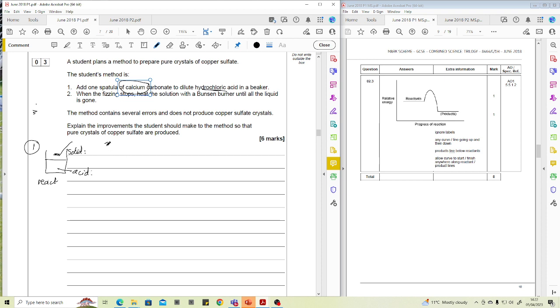And then step 2 would be to filter excess solid, wouldn't it? Filter. And then we should end up with a solution of water plus the salt, and we'll give that the name that it says we've got to make, copper sulfate.